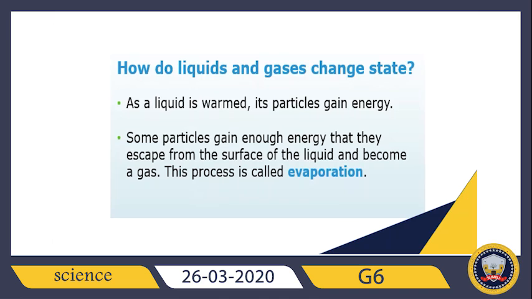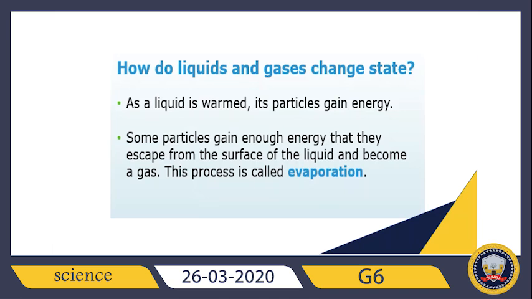Then we discussed melting and freezing. Melting is when a substance changes from a solid state into a liquid state, and freezing is the opposite process, in which the liquid state will change into a solid state.